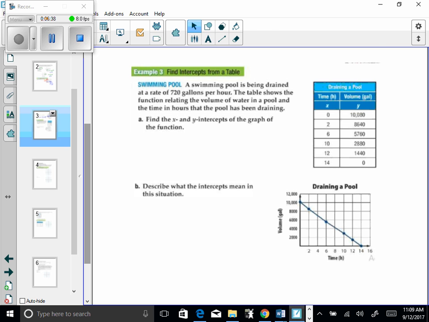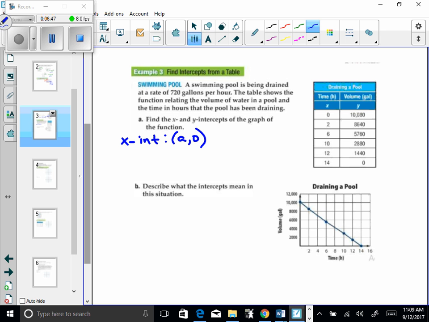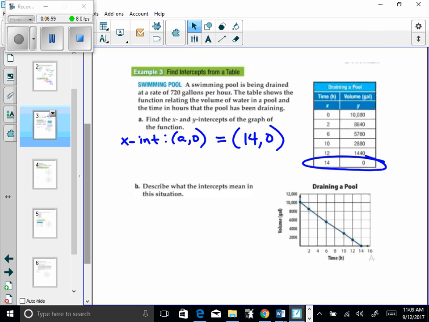And we know that an x-intercept has coordinates of a, 0, which means we have a y-coordinate of 0. So then we have a corresponding x-coordinate. So in this case, 14, 0 would be the x-intercept.